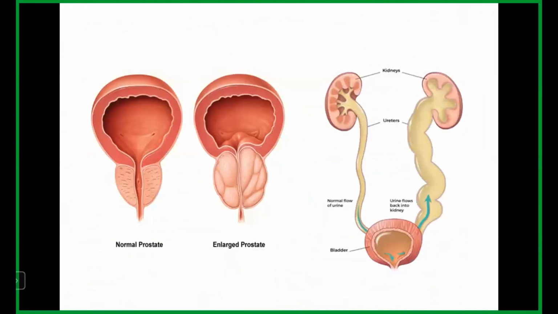And here also, in a simple schema, we have the normal prostate, and here, unfortunately, the cancer of the prostate or the hyperplasia of the prostate. This is the first high risk factor in men. And here we see also the abnormality of the upper urinary tract.